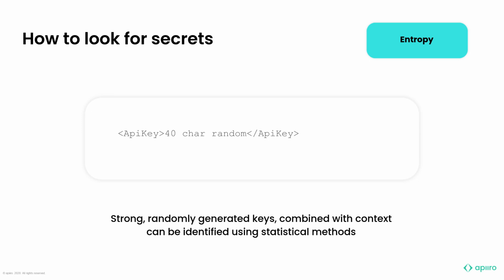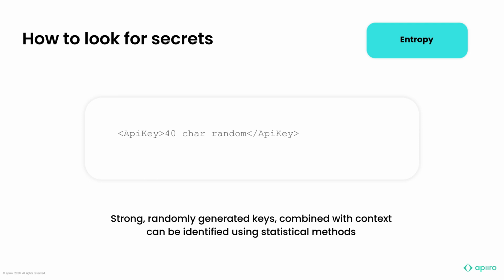Basically, if we leverage statistics, then we will find that a randomly generated string looks differently statistically than some English sentence or words, or even encoded information, as long as it doesn't start with something that's really random.